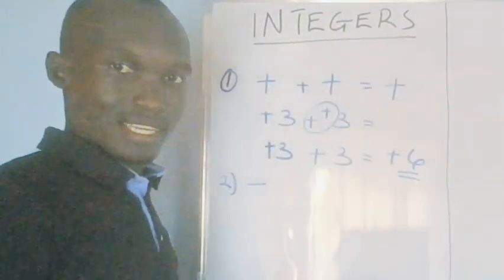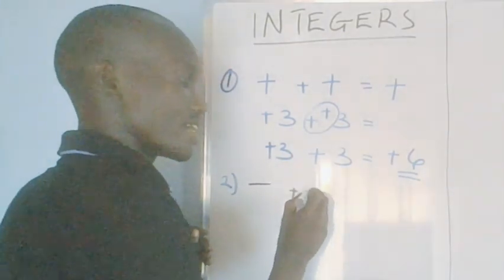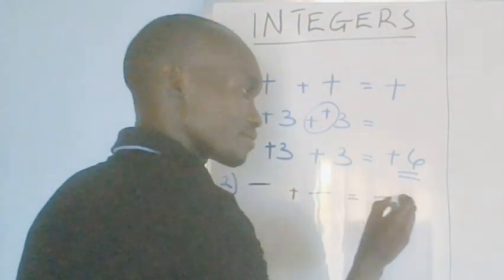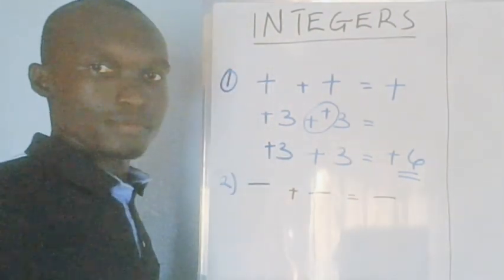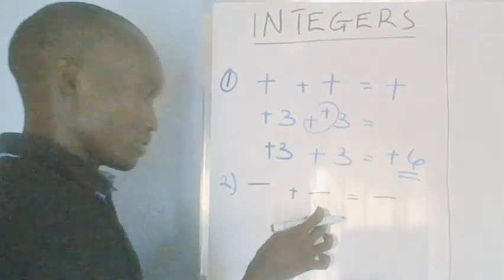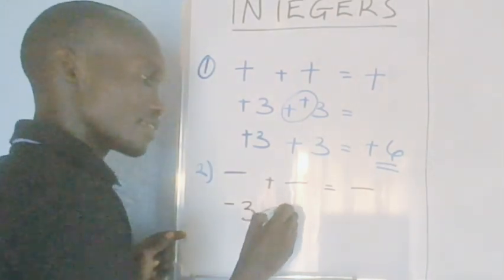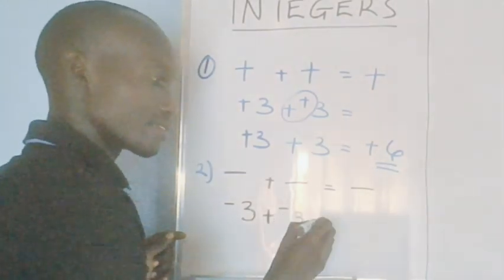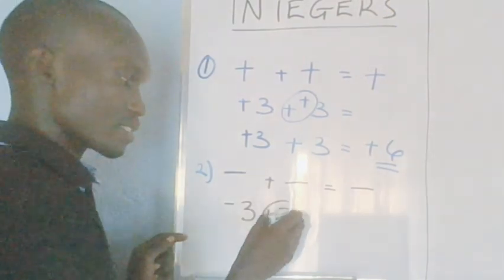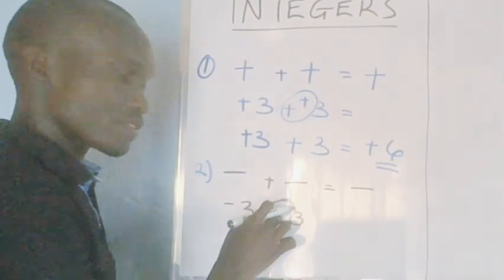Let's have a look at the second. A negative plus a negative will equal a negative. We shall always be dealing with these two signs in the middle. So in this case, let's have the number negative 3 plus negative 3. The two signs in the middle are a positive and a negative.